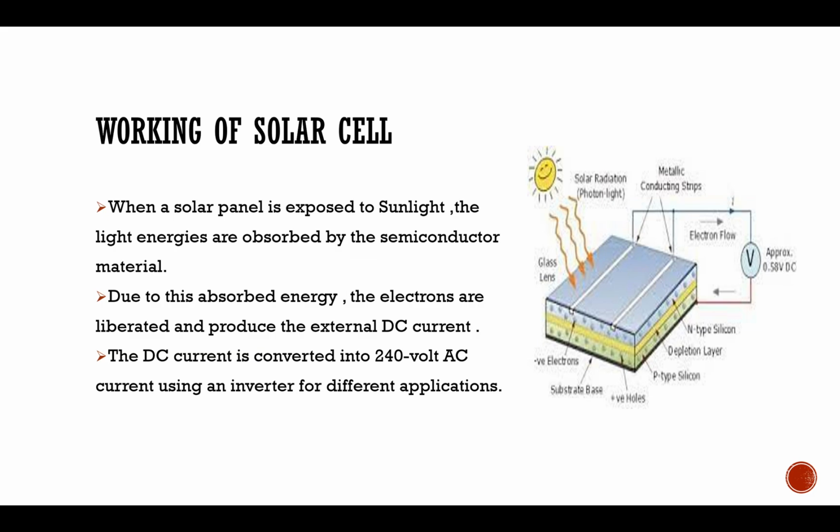As soon as the solar cell is exposed to sunlight, the light in the form of photons is absorbed by the semiconductor material. Due to this absorbed energy, the photovoltaic phenomenon occurs and electrons are liberated and produce the external DC current. The DC current is converted into 240 volt AC current using an inverter for different applications.